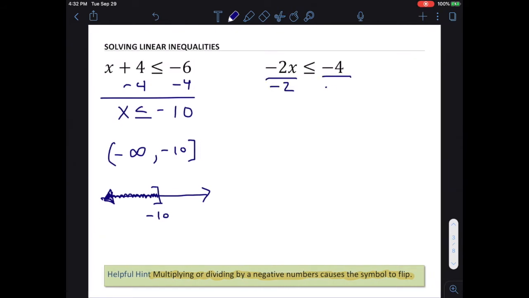So I'm dividing by negative 2, and when I do so, I have x, but I need to flip the symbol around. So it's going to be greater than or equal to, x is greater than or equal to positive 2. Okay, and like we did before, it's always nice to have the symbol always facing to the right-hand side.